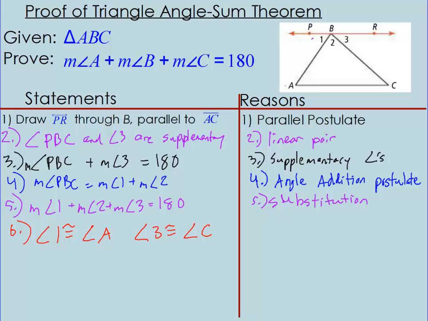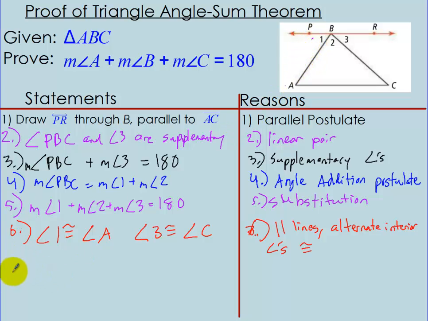It's the stuff we learned 1 or 2 sections ago, where we said that if lines are parallel, then alternate interior angles are congruent. So that's going to be step 6. I'm going to say parallel lines, alternate interior angles are congruent. That was about 2 sections ago.